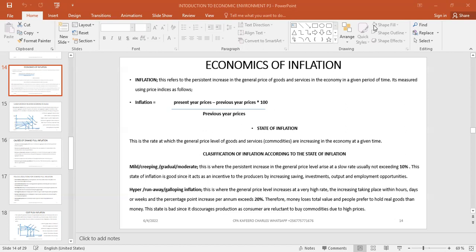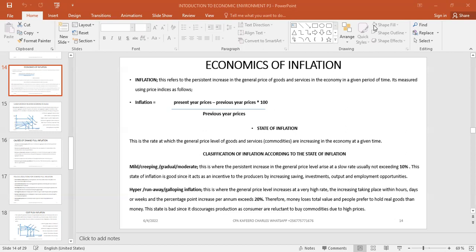But when it goes beyond the 10% we are talking about, then you'll just know that inflation is bad, because at the end of the day, when the inflation is increasing at a very high rate, we expect that people will prefer to hold the real goods than having money, because when the prices have increased, you have to carry more money to buy small things or few goods, because of the increment in the prices.